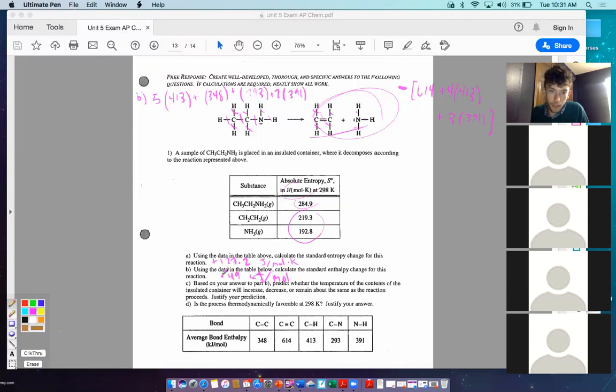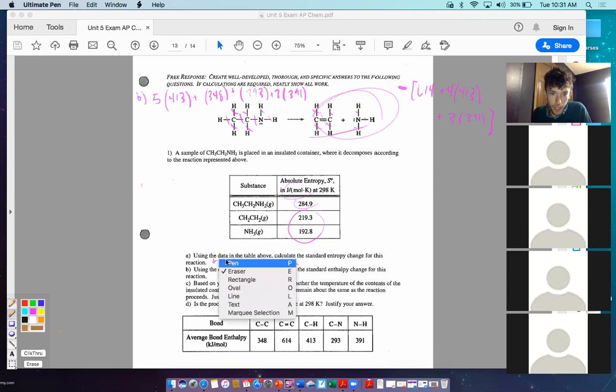Let me double check my math on that, but I believe that is correct. Yes, positive 49 kilojoules per mole.